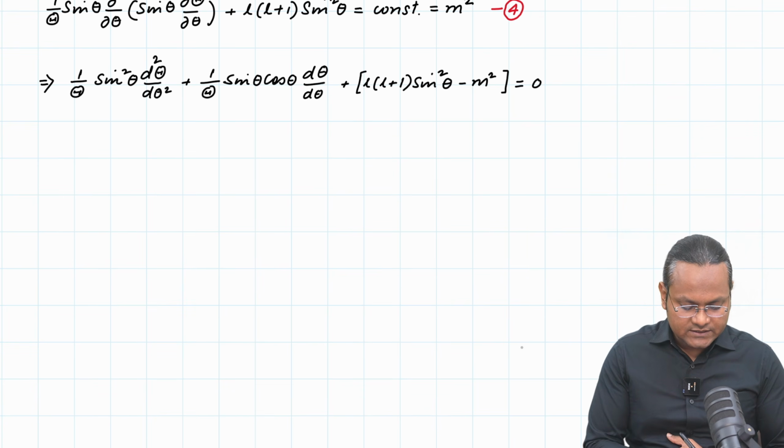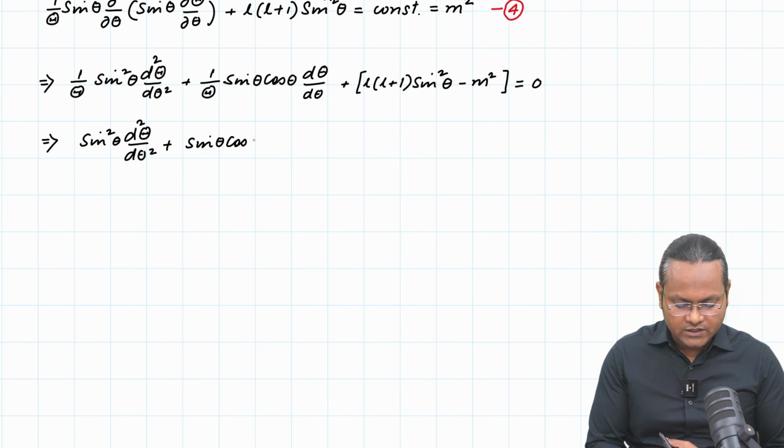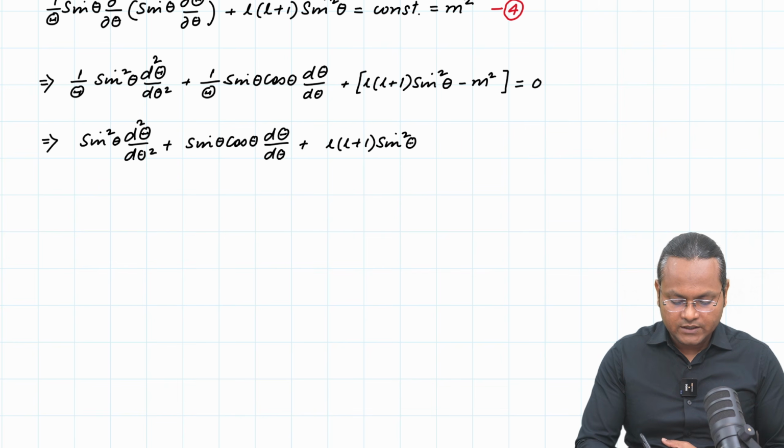Further simplifying this, I can take the theta function to the right hand side, and this is going to give us sin²θ d²Θ/dθ² plus sinθ cosθ dΘ/dθ plus [l(l+1) sin²θ minus m²] times the theta function.